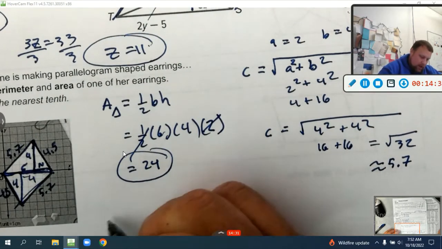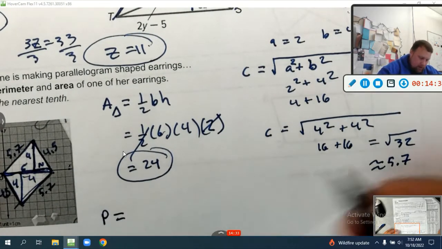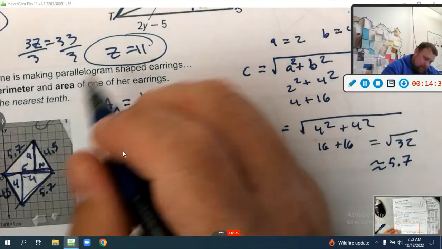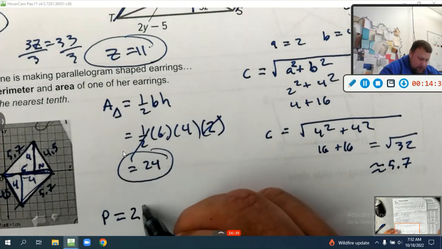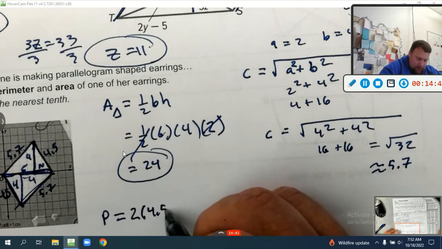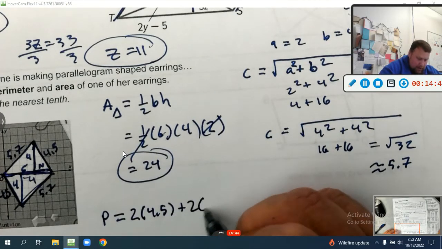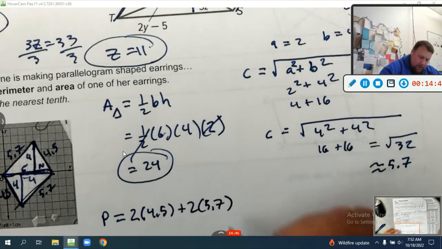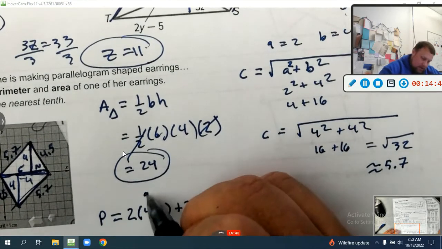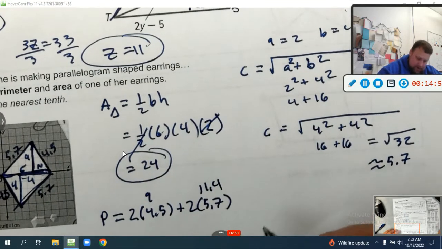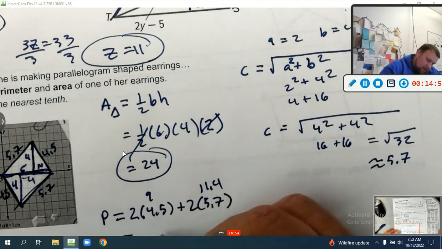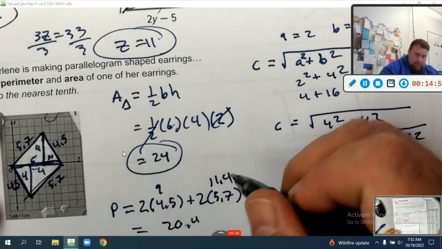So the perimeter equals 2 times 4.5 plus 2 times 5.7. I know this is 9. What's that? 11.4? Yeah. So this equals 20.4 units.